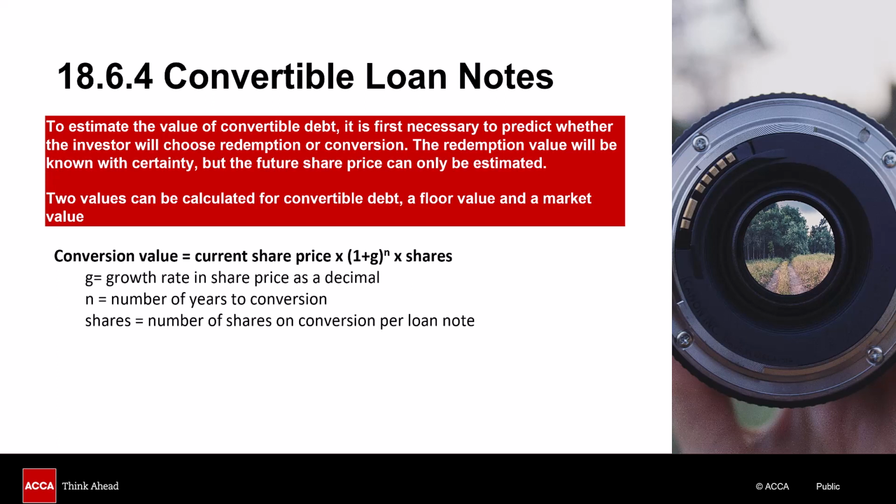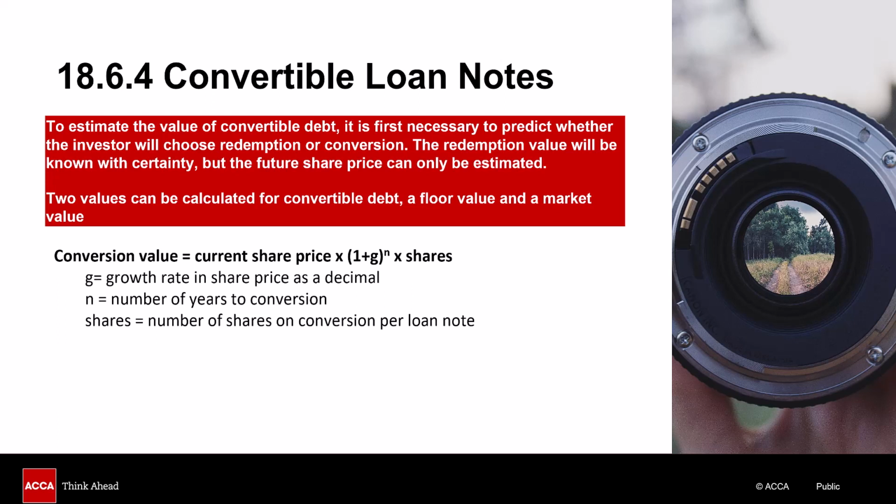So two values can be calculated for convertible debt, a floor value and a market value. Now, often the market value will be based on the conversion value, because often the share price will increase with time and outstrip the cash price for those loan notes redemption.